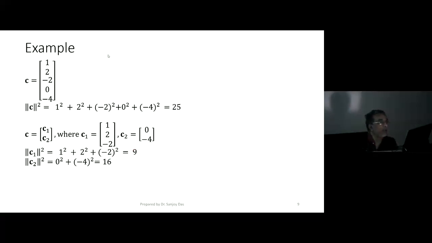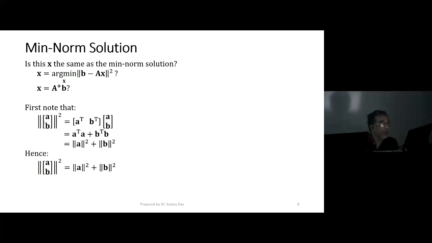So here's what we have. This is a block vector AB, and its L2 norm squared is the vector transpose times the vector, right? So A transpose, B transpose, that's the transpose of AB, and then the vector AB itself, which is equal to A transpose A plus B transpose B, which is the L2 norm of A squared plus the L2 norm of B squared.